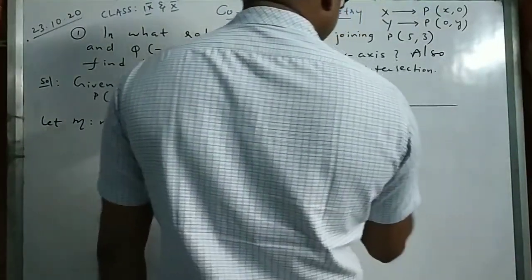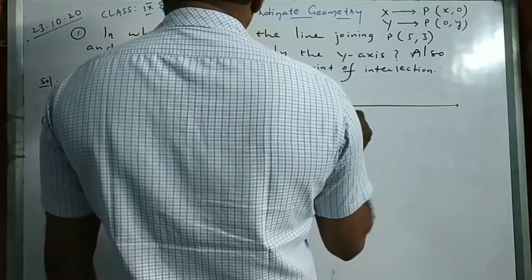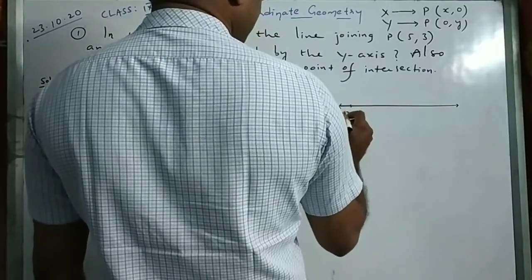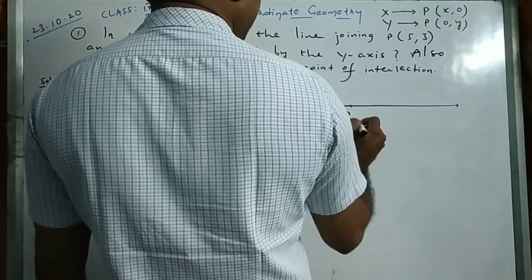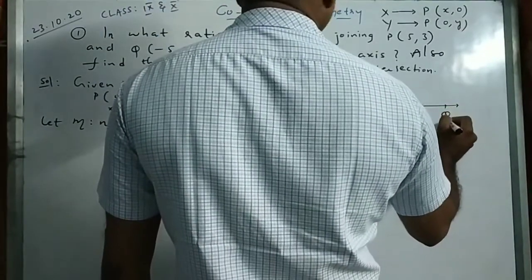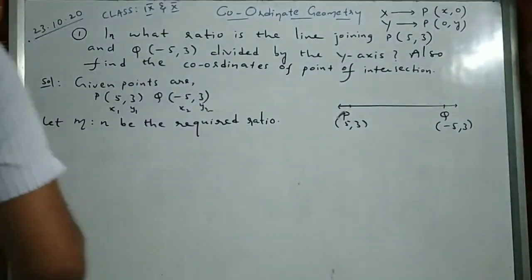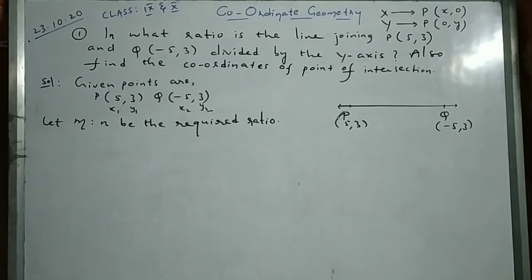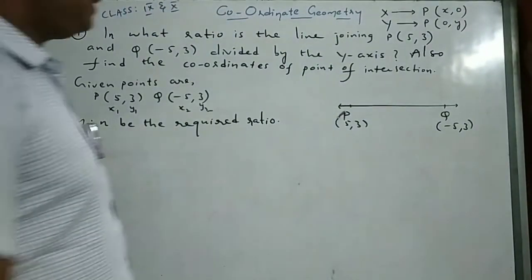See, line joining 2 points. So P of 5 comma 3, Q of minus 5 comma 3, right? 5 comma 3 and minus 5 comma 3. Now what is our division point, by the way?